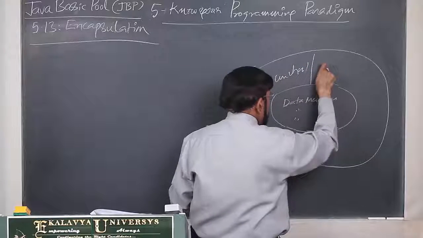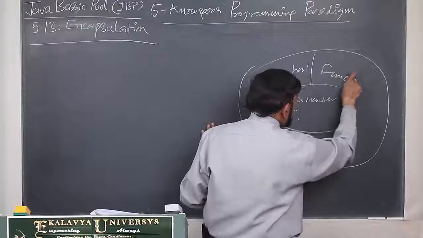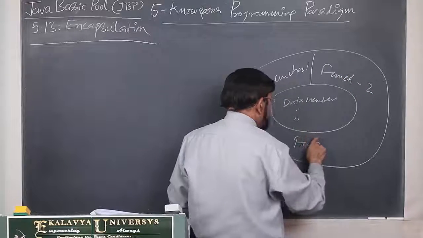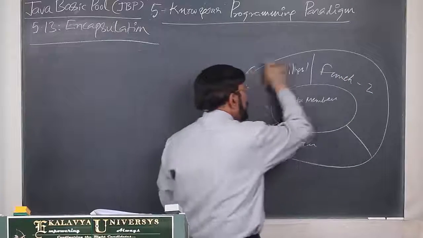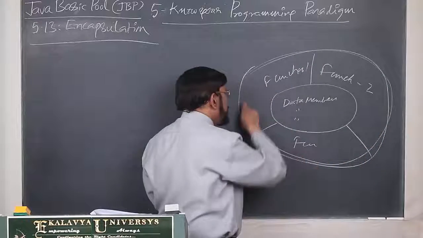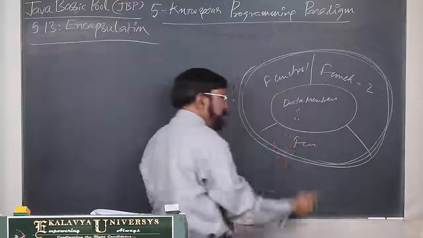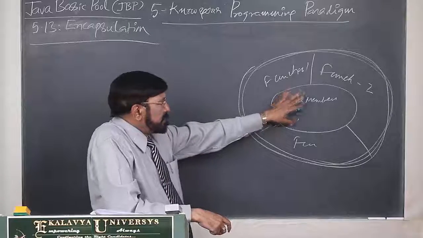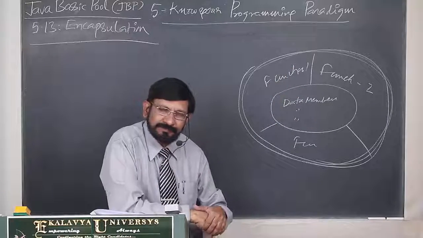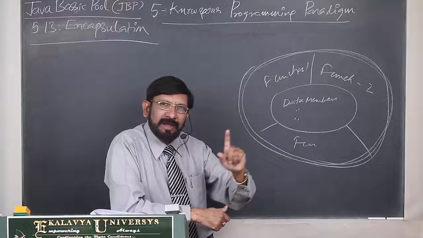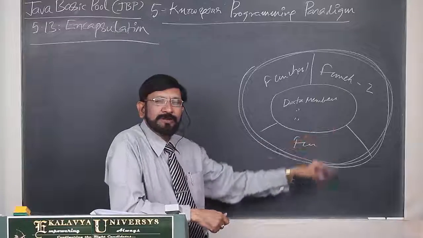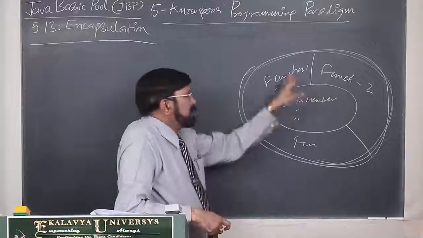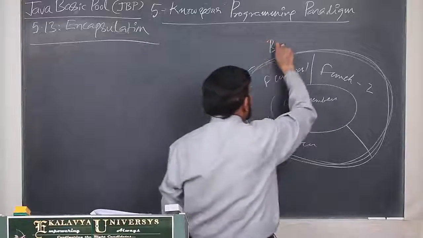Function 1, function 2, function 3, like this. Now these are encapsulated. That means data members and functions are encapsulated as a single unit, single entity with an identifiable name like bank account.